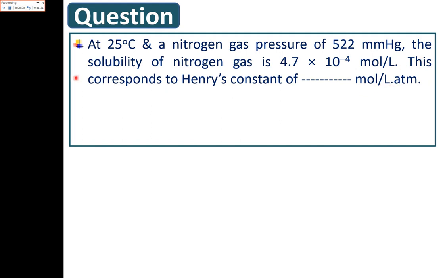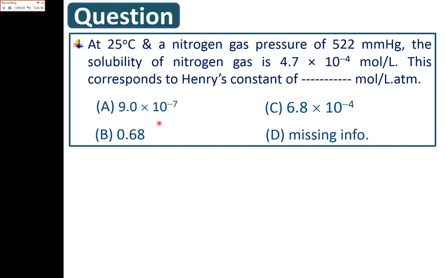The question asks you to represent the Henry's constant in mole per liter per atmosphere. But the question gives the pressure in millimeter mercury, so we want to convert from torr or millimeter mercury to atmosphere to calculate the Henry's constant in this unit. So which one of these selections will be correct?